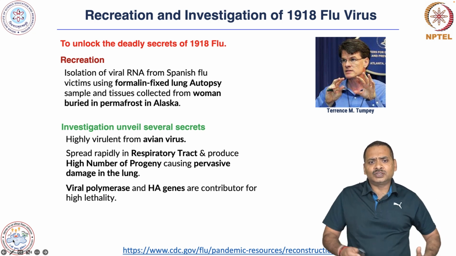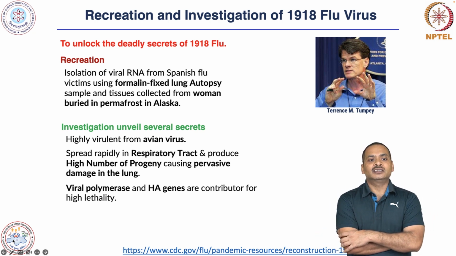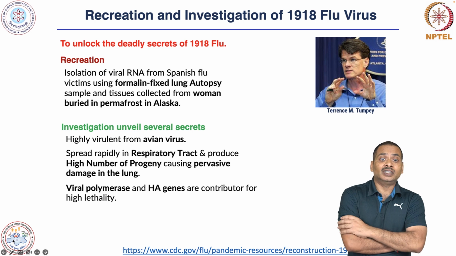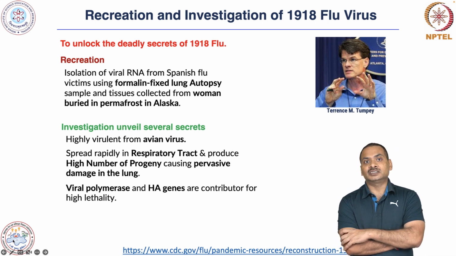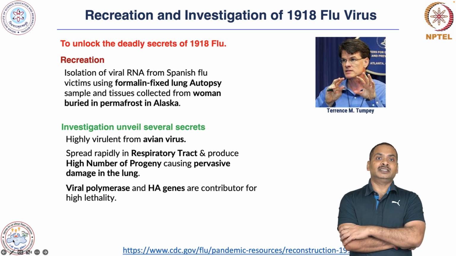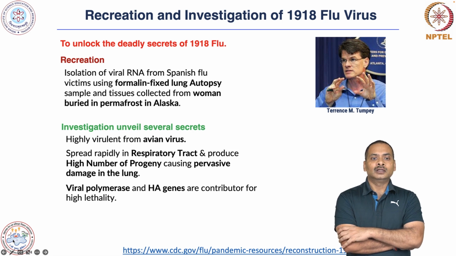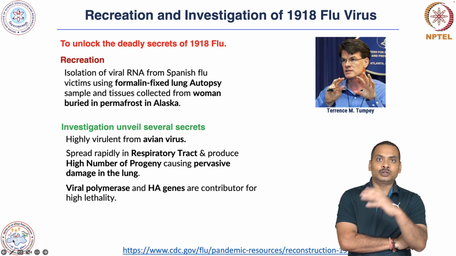Finally this virus was recreated, and the investigation unveiled several secrets of the 1918 Spanish flu. They found out that this is a highly virulent avian virus that came from birds.